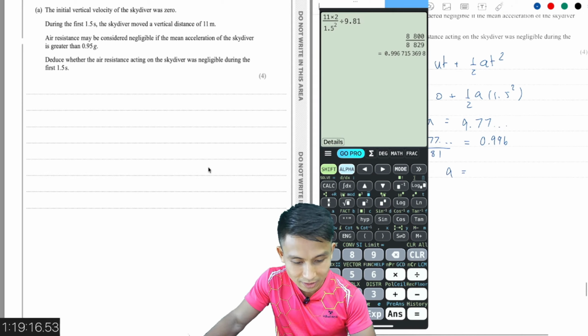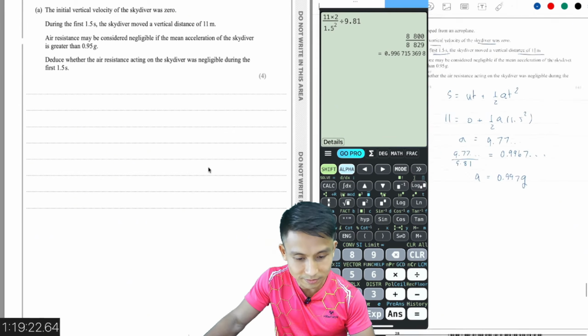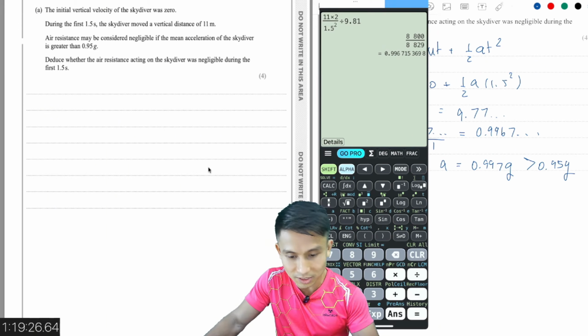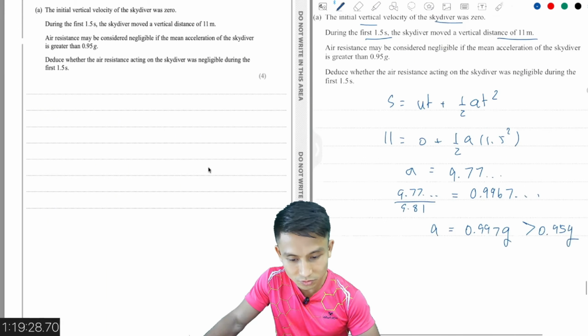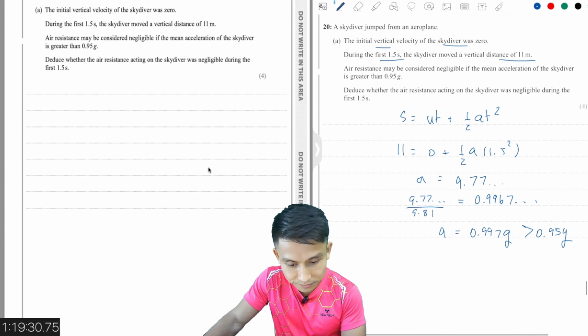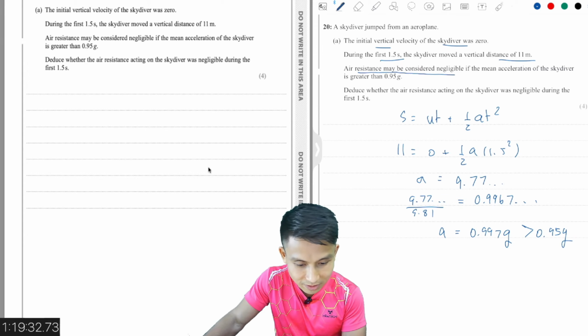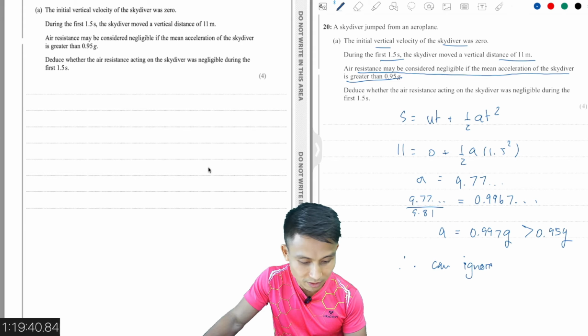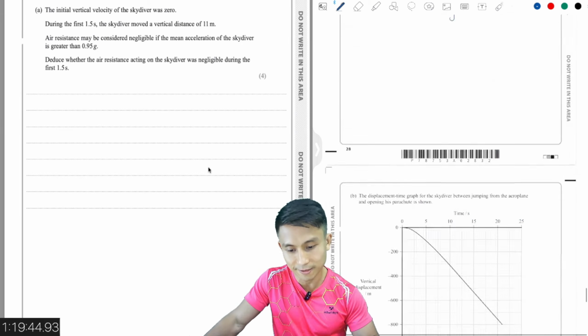So a is 0.996 g, which is greater than 0.95 g. So air resistance may be considered negligible if the mean acceleration of the skydiver is greater than that. Yes, we can ignore air resistance because we have greater. That makes sense.